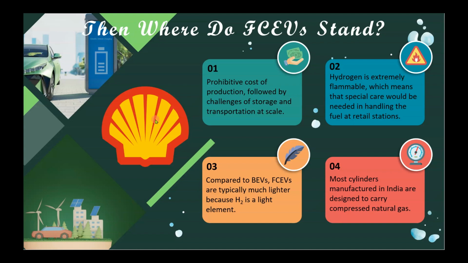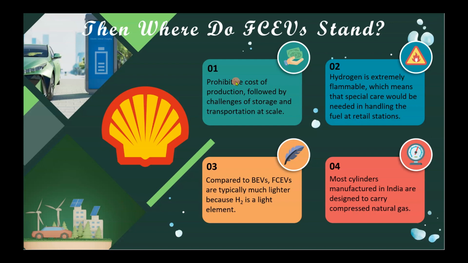These include both the disadvantages and advantages of fuel cell electric vehicles. There is a prohibitive cost of production, followed by challenges of storage, transportation, and scale. Why storage and transportation? Firstly, we know that hydrogen cannot be directly used. It has to be extracted either as gray hydrogen or as green hydrogen. Again, I am repeating, gray hydrogen from natural gas, that is methane, by the steam reforming process, and green hydrogen by renewable electricity.